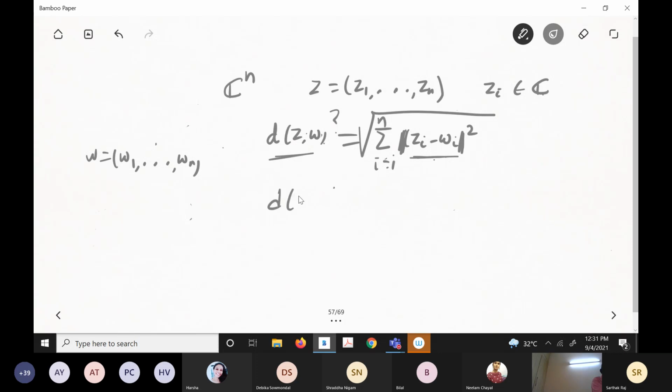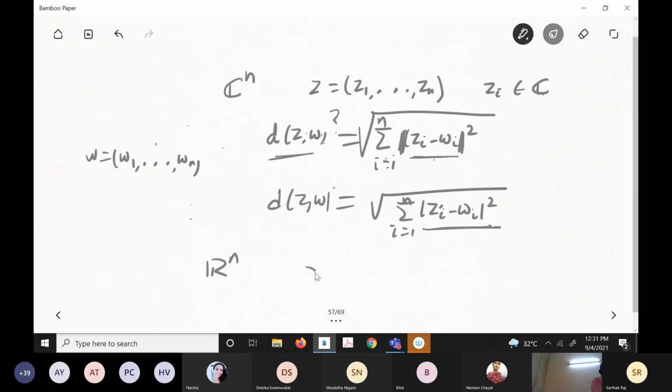That means d has to be defined like this, otherwise you won't get a non-negative real. Got it? Actually, this symbol you could also use in Rn, so there I have used this. But for real, it is something. So I suggest that you always use the mod on the square. Then for Rn and Cn, you can use the same thing.